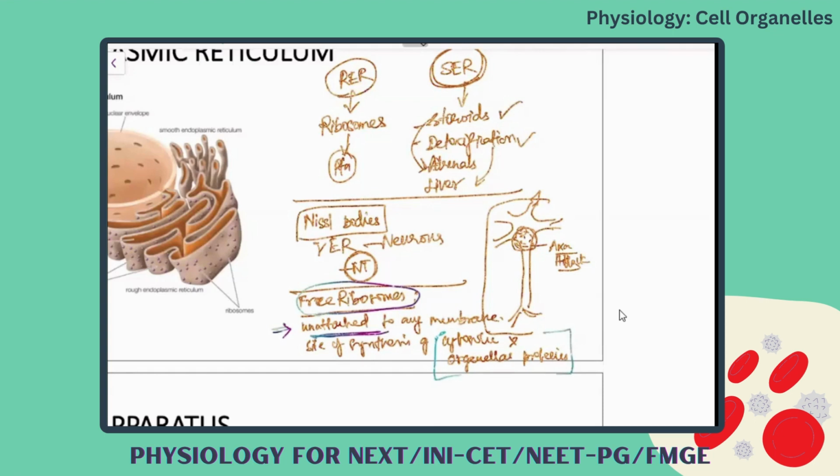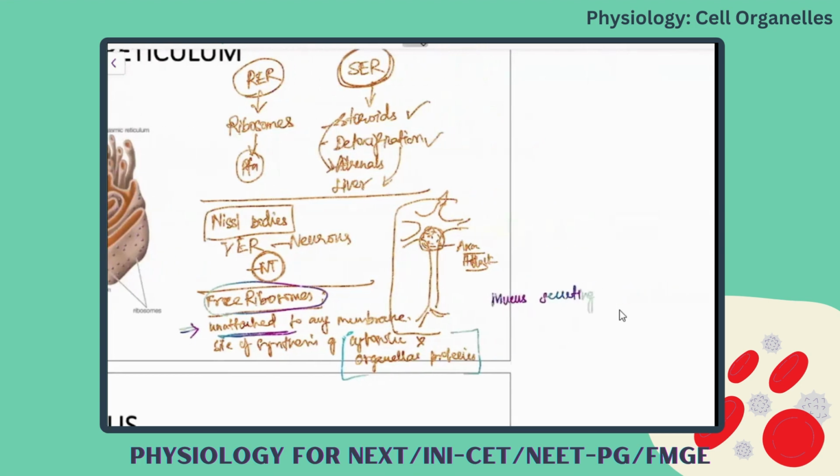Okay, and what is rich in these free ribosomes is the mucus secreting cells. Where is the excess secretion of mucus? Any idea? Goblet cells. Where are the goblet cells? In the small intestine.